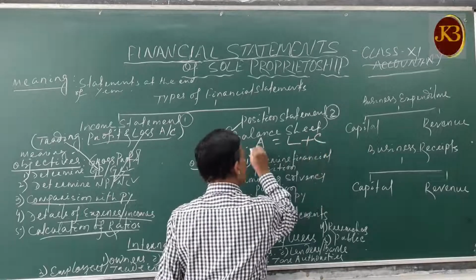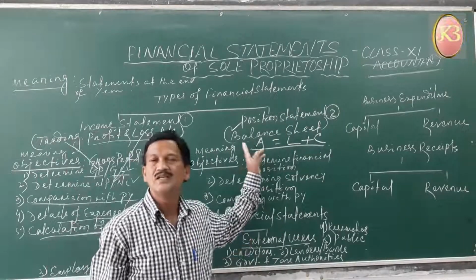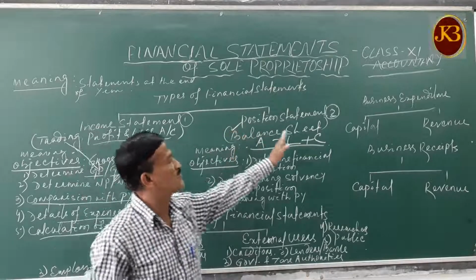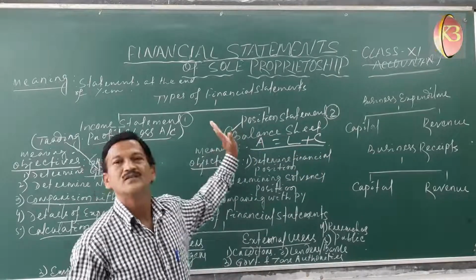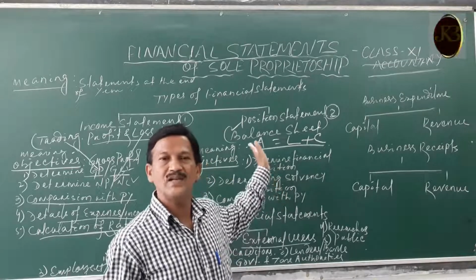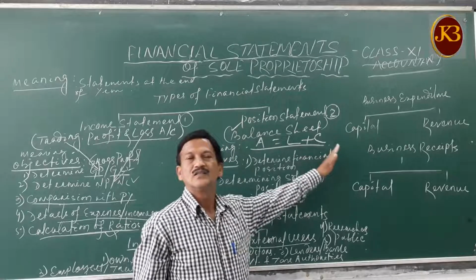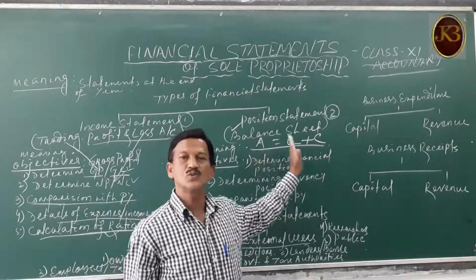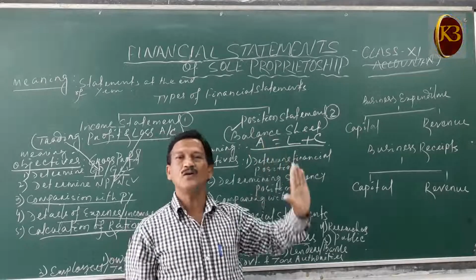So there should be a balance. We already know from the accounting equation that total assets should equal total liabilities and capital. So this balance sheet proves at the end of the accounting year, by taking the assets, total liabilities and total capital, whether there is a balance or imbalance.